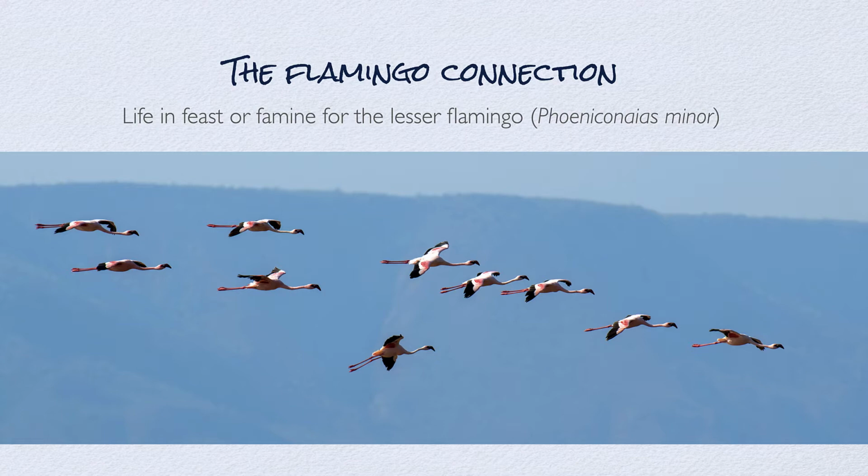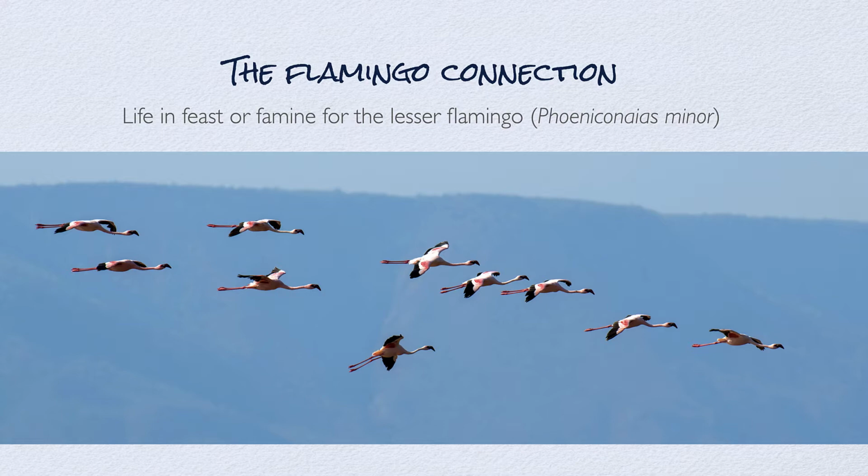And the connection that we're going to look at is how bird numbers are fluctuating in response to fluctuations in their major food source, which is a particular form of cyanobacteria that periodically thrives in a number of these African Rift Valley lakes.